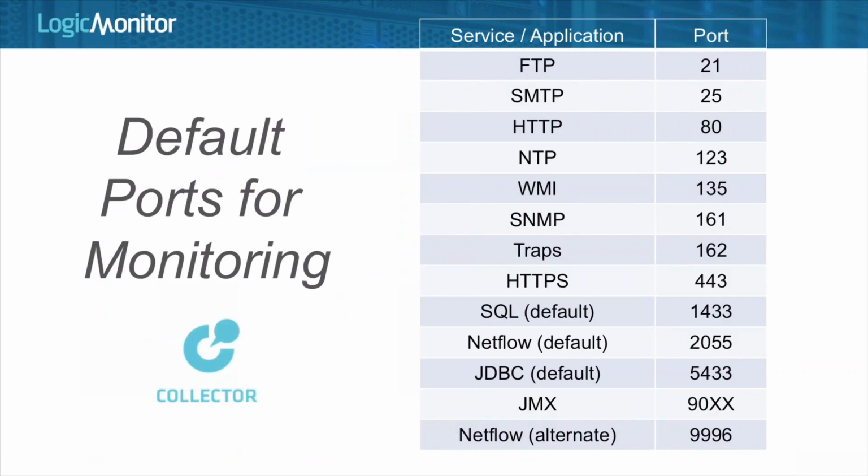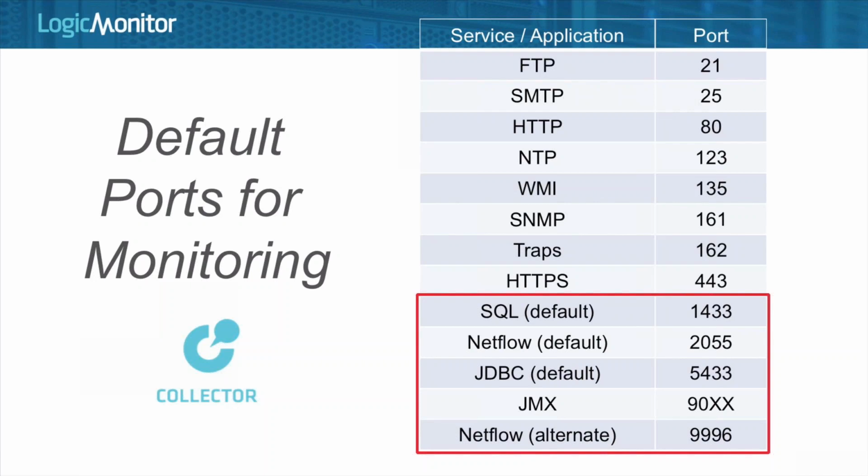So these are the default ports used by the various collector methods or monitoring protocols. And these ports are pre-configured in the data source templates. Now we recommend that within your local area network, you have these ports unrestricted between your collector server and your hosts. And again, some devices and technologies will require configuration to access their data.